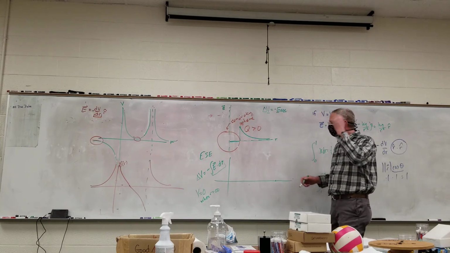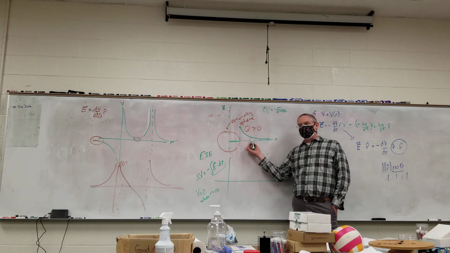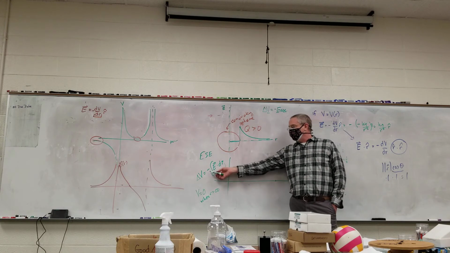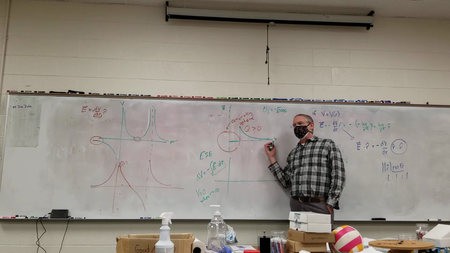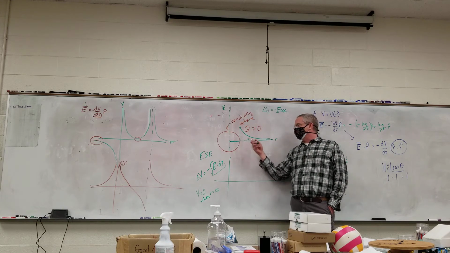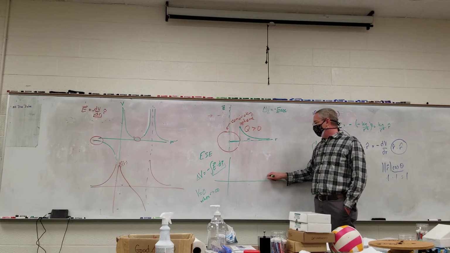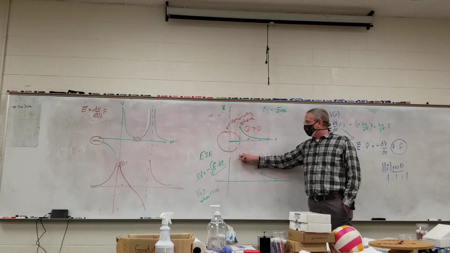So my electric field, as I'm going to the left here, is getting bigger and bigger. Now the negative would make it seem like it should be getting more and more negative, except for the fact that I'm going backwards here. I'm going opposite the direction of dr, which is typically in that direction. And so it's gonna get more and more positive until I get to here.